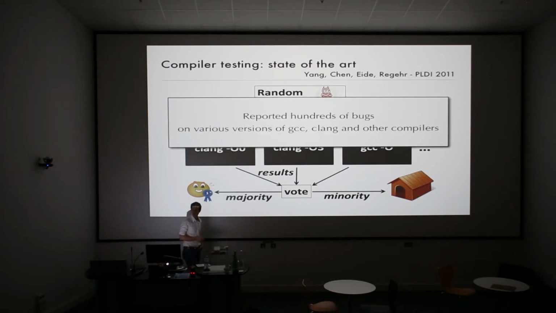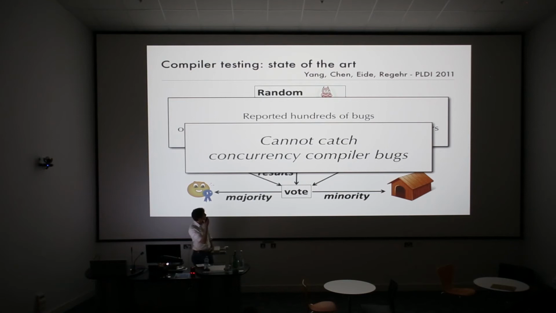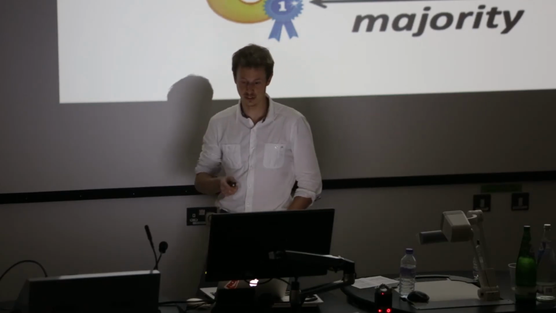And this worked very well, because it reported hundreds of bugs on various versions of GCC, Clang, ICC, and other compilers. But this approach cannot catch concurrency compiler bugs, because here we are generating sequential code, and we have seen that the checksum of sequential code is correct.